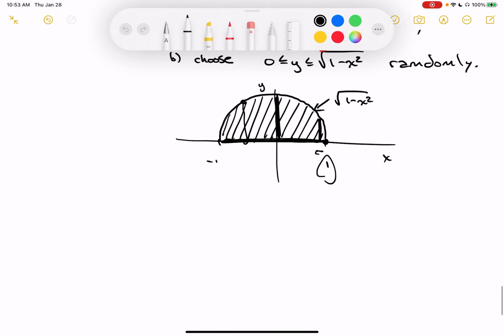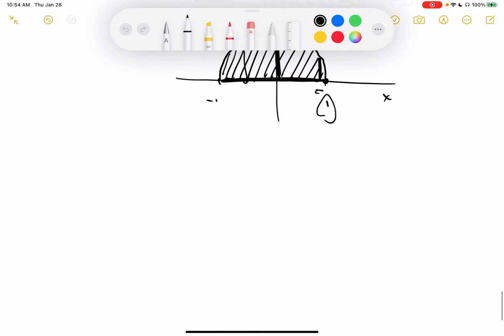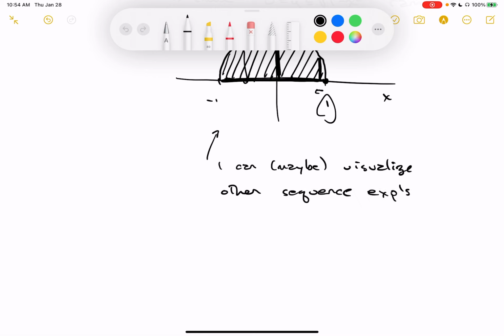Something that I would note in this particular case is that we have an opportunity here to consider maybe an alternate way of viewing this same experiment. Once I see this, I can visualize other sequence experiments to get the same kind of space or visualization.